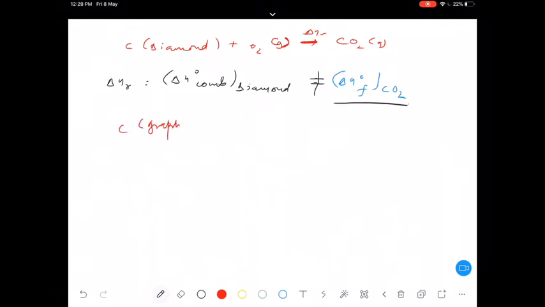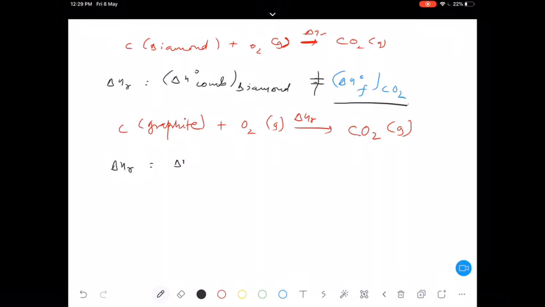Carbon, graphite plus oxygen gas, giving you carbon dioxide gas. Here let's say I write delta HR. Correct? Now this delta HR, heat of reaction, energy released, both the reactions are exothermic in nature.